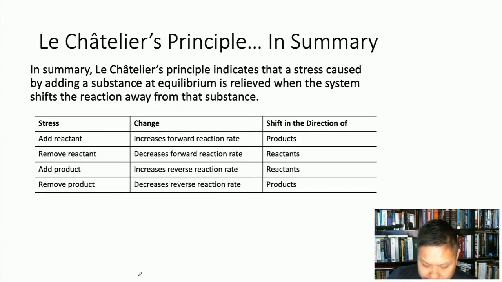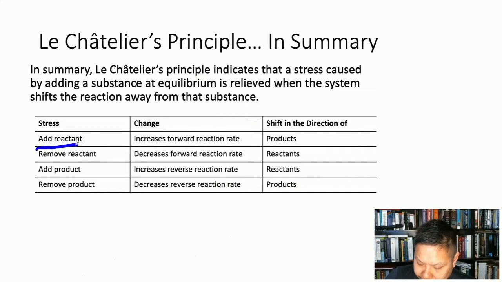So the next slide is actually just a summary slide, right? That describes to you the stress that you can inflict onto an equilibrium reaction, the change that occurs, and then what you can do to fix it, right? Or the shift, right?